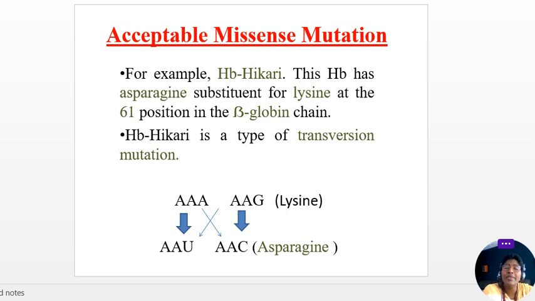Whereas in hemoglobin Hikari, due to a missense mutation, the third base A is replaced by U, or G is replaced by C. So instead of lysine, it produces asparagine at position 61 of the hemoglobin. This does not produce a very harmful effect, so it is acceptable.